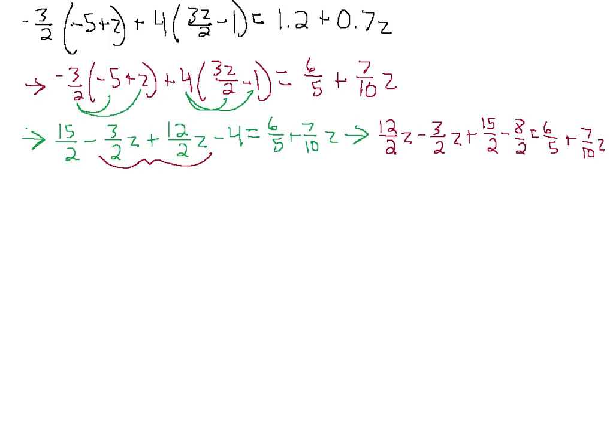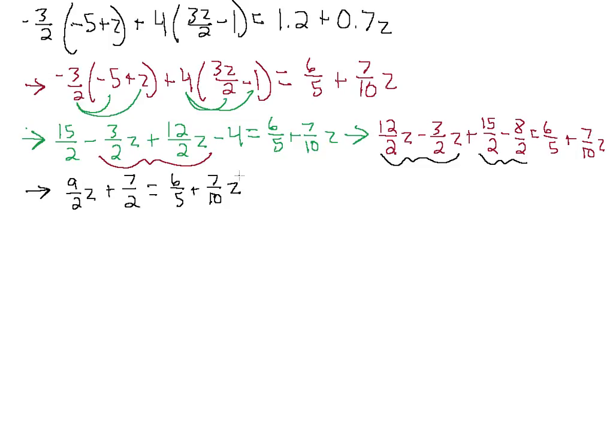We always keep our eye on the end game, and things just tend to fall into place. So we have 12 minus 3, which is 9 over 2z. 15 minus 8 is a positive 7 over 2. And we still have our 6 over 5 plus 7 over 10z.